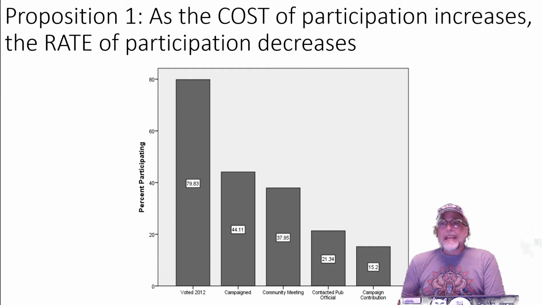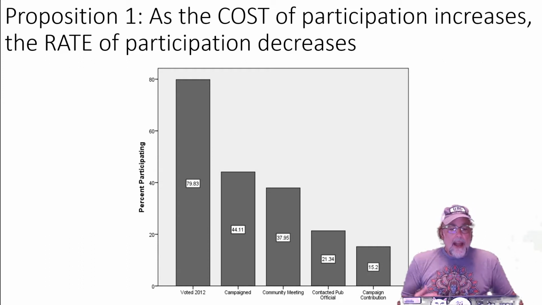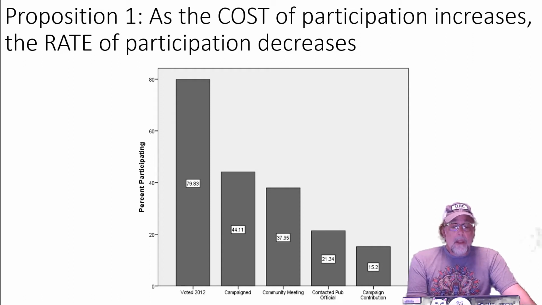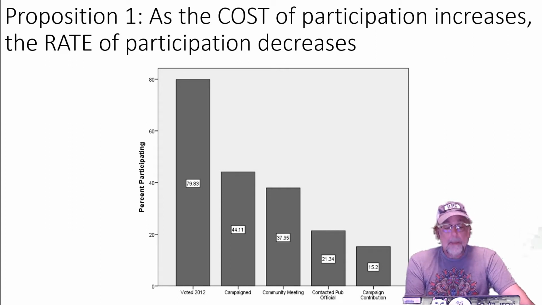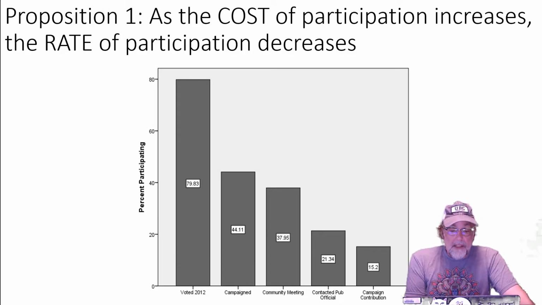They should be roughly equal if Madison is correct. And as we look at this, we can see that among these respondents, 80% claim to have voted, as opposed to 44% who participated in a campaign, 38% who attended a community meeting, 21% who contacted a public official, and about 15% who made a campaign contribution.